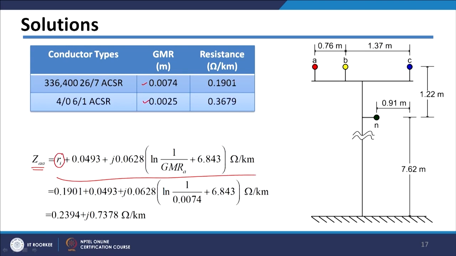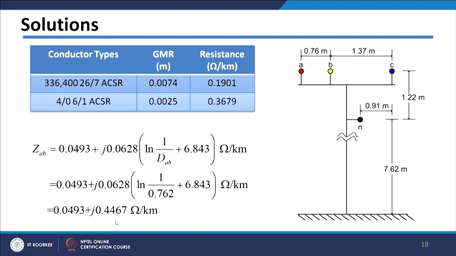Resistance we can take from the resistance of the phase conductor A, and GMR of conductor A will be taken from the GMR of the phase conductor. If you put these values into this expression, I will get ZAA, which has this value here, in ohm per kilometer.